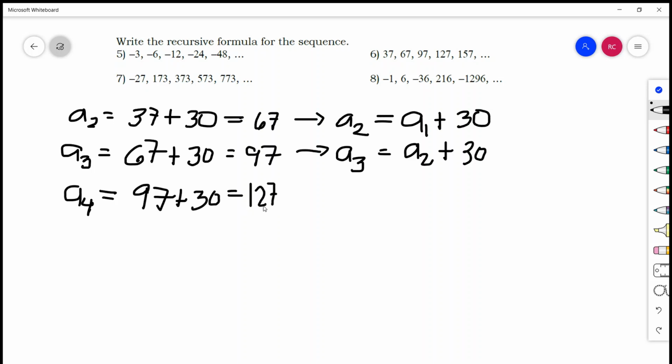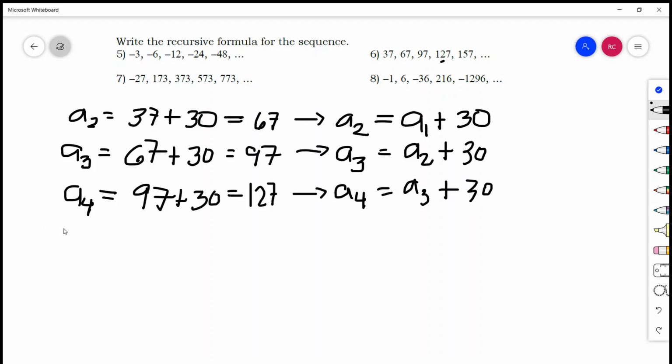Okay, so 127 is the fourth term. This one. So this is also the same as our third term plus 30.